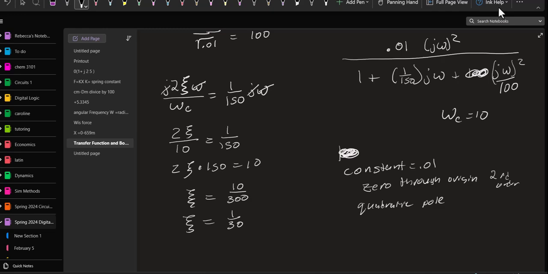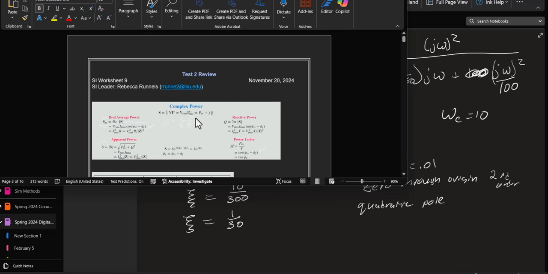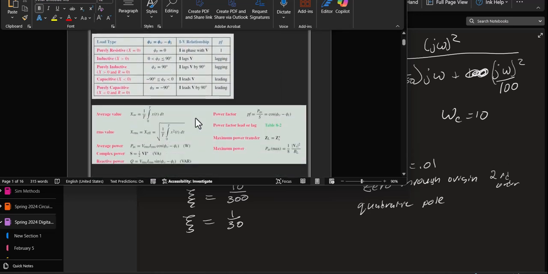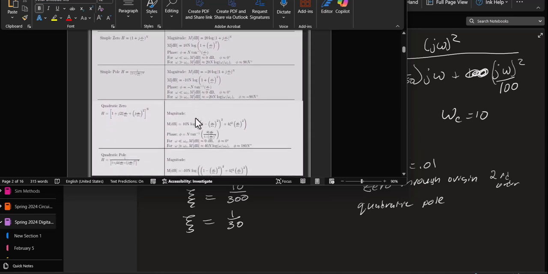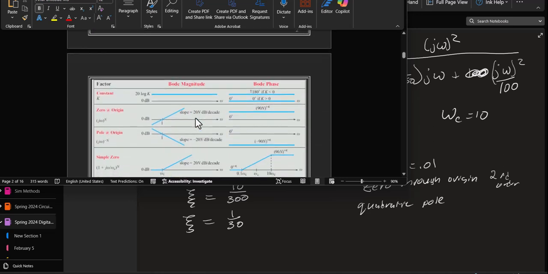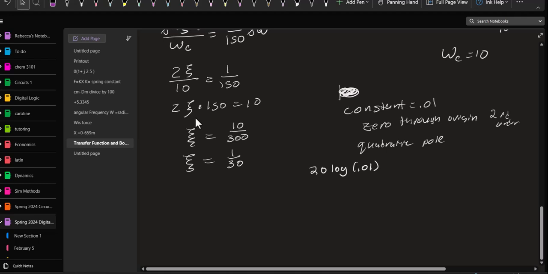For the constant term, the magnitude is 20 times the log of k, so 20 log 0.01. The log of 0.01 is -2, so this equals -40. And so we have a constant of -40.